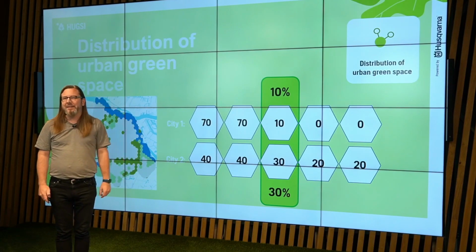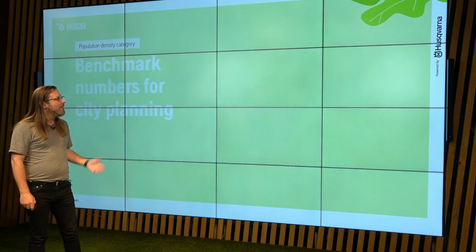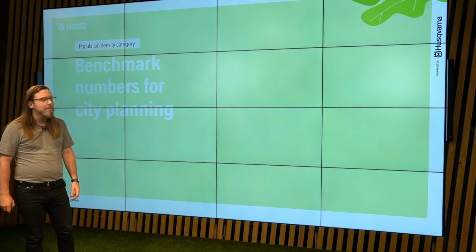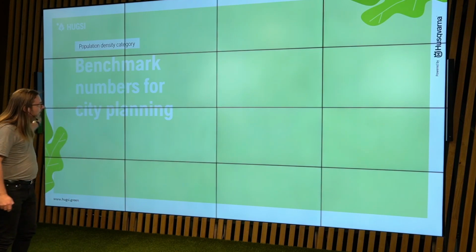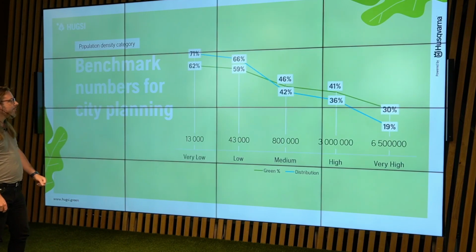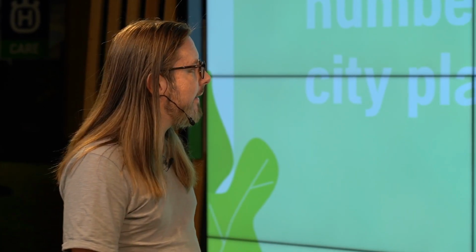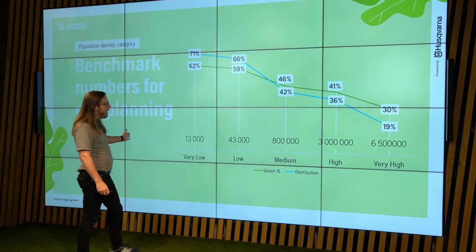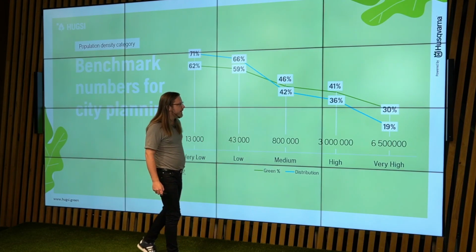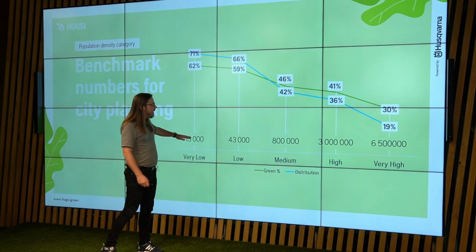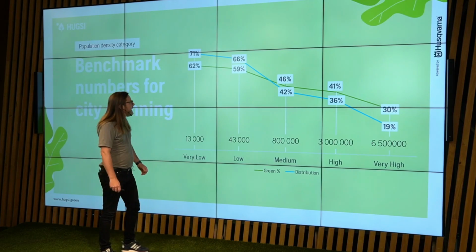So that's this KPI for you, but how can we make use of it? Well, one thing is just to put them out on a line like this. And my point here is that we could actually do things for city planning with this KPI. And I think that's super interesting. And here we have put out all the different categories. And this is the average population of each category.